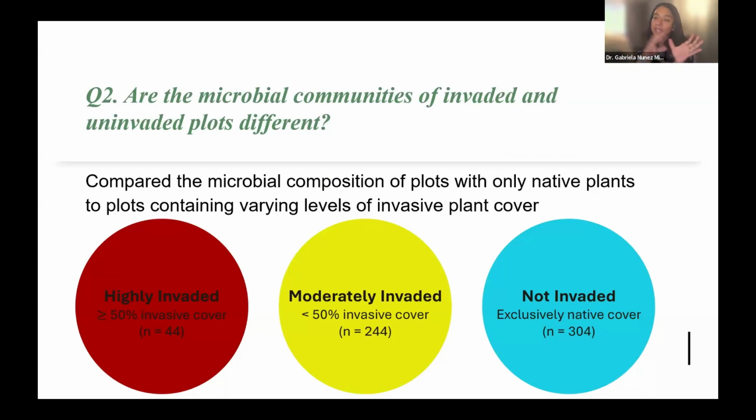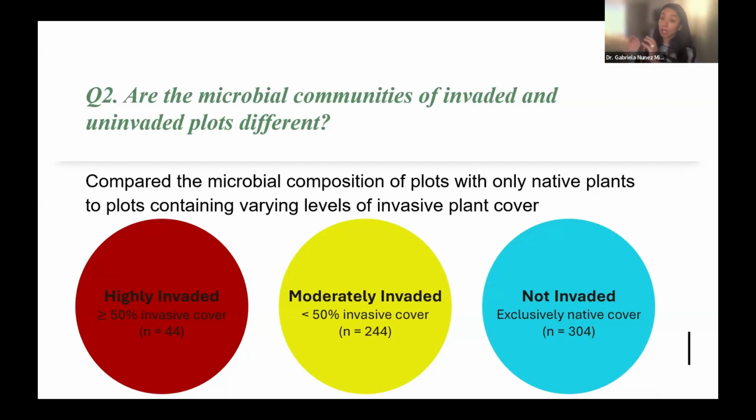So we separated those into 3 groups. We have our highly invaded plots, which had an invasive cover of over 50%, moderately invaded plots, which had invasive species in them, but were anywhere from more than 0%, so like 0.5, to less than 50. So that group is quite broad when it comes to invasion level.